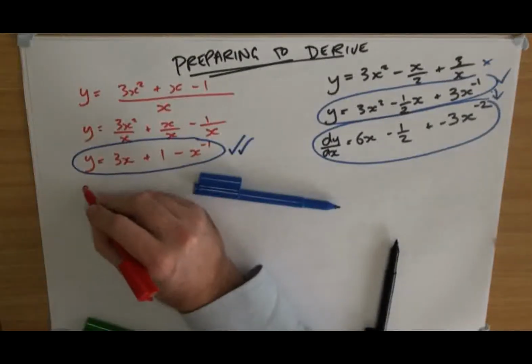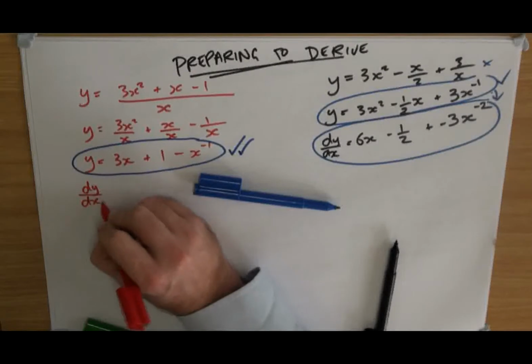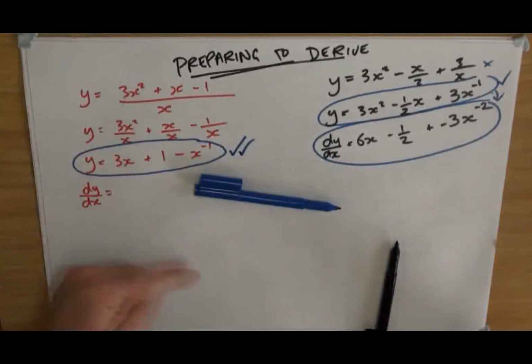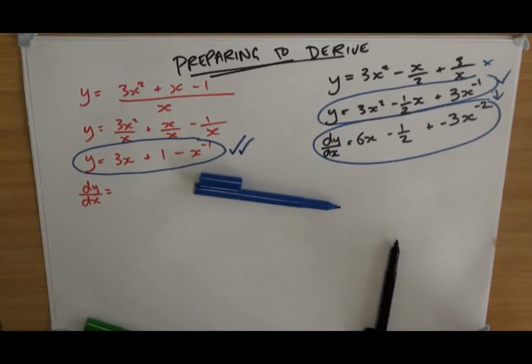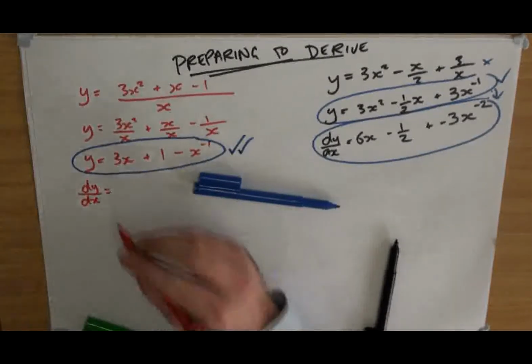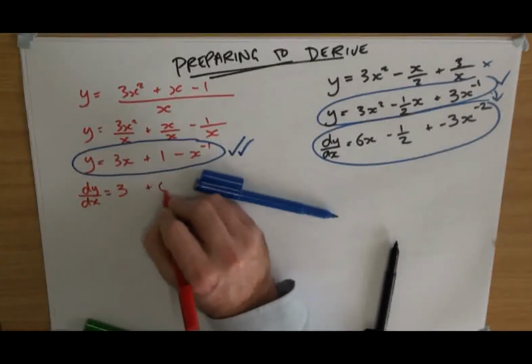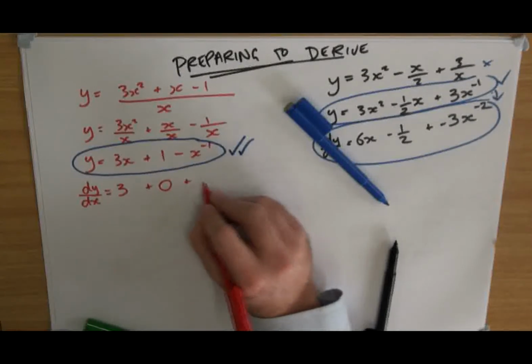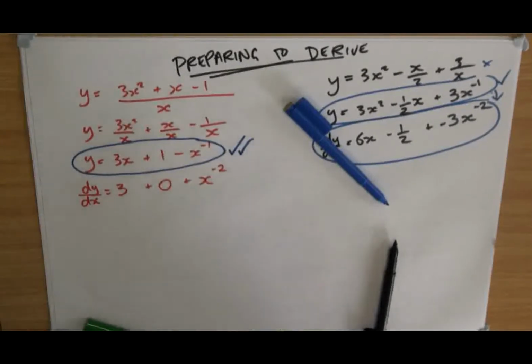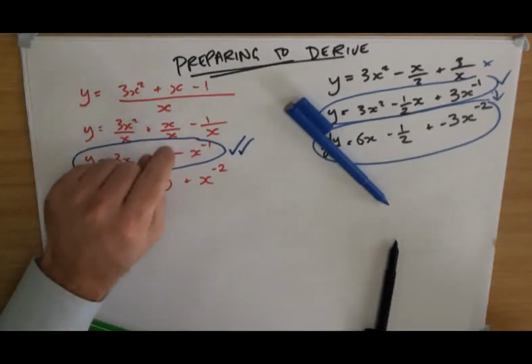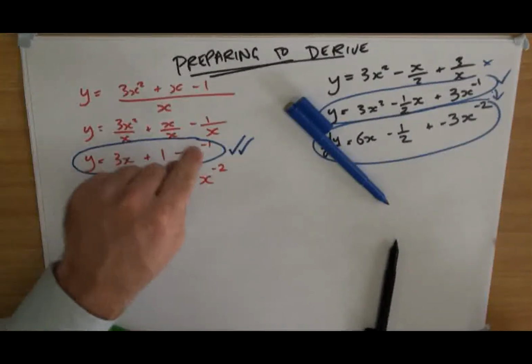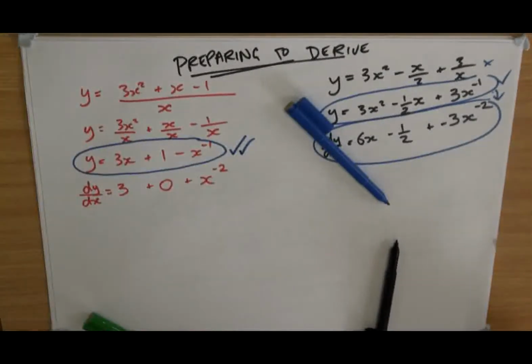So then I go to my next line. Make sure you write your dy dx, because no longer does y equal whatever you're going to write next. This is your derivative equals whatever you're going to write next. So 3 plus 0 plus x to the negative 2. That minus 1 comes down, changes that minus into a plus. We minus that 1, another 1 from that minus 1.